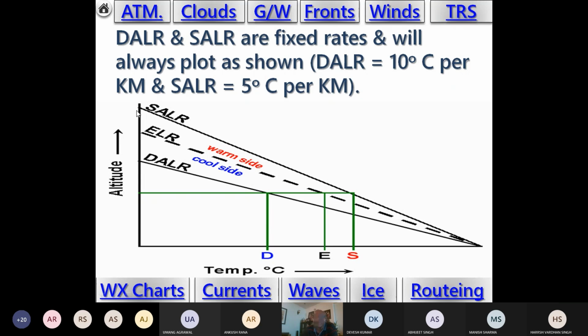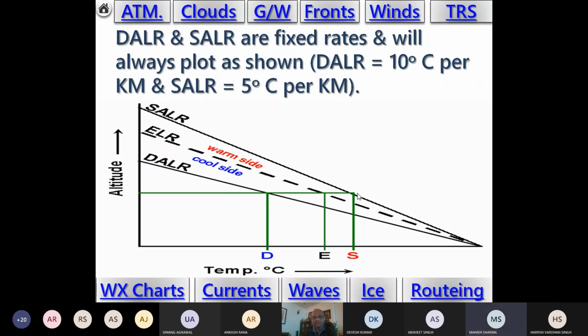This is an ideal situation, that is number one, where your ELR is somewhere between the dry air and the saturated air, which are the fixed values. So what we see from the figure, as we go toward the right, the temperature is higher. So if we take this dotted line as the reference point, any area toward the right of it is a warm side because the temperature here is warmer. Are you with me?